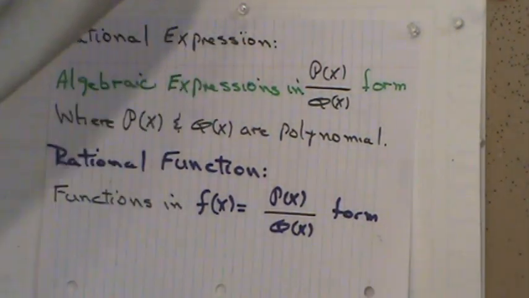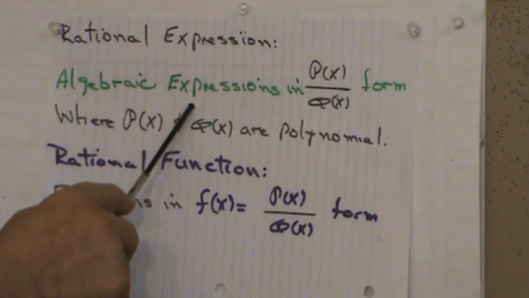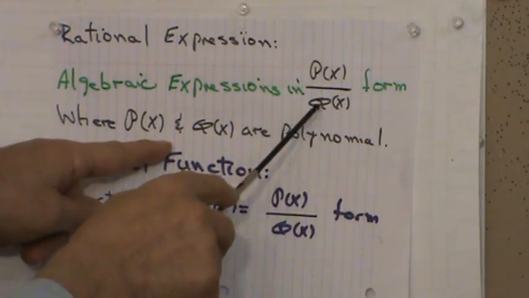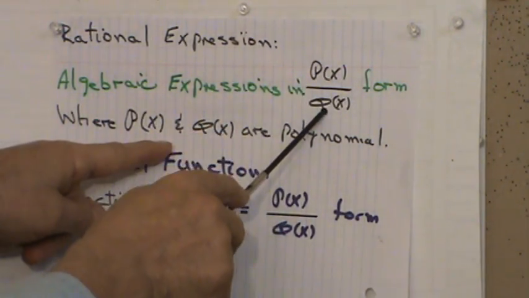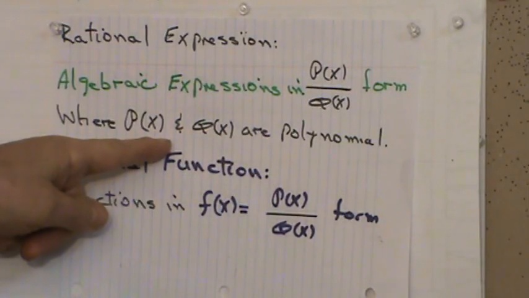Okay, first let's find out what a rational function is all about. A rational function is a function of a rational algebraic expression. Rational algebraic expressions are those in the form P of x over Q of x, where P of x and Q of x are polynomials.